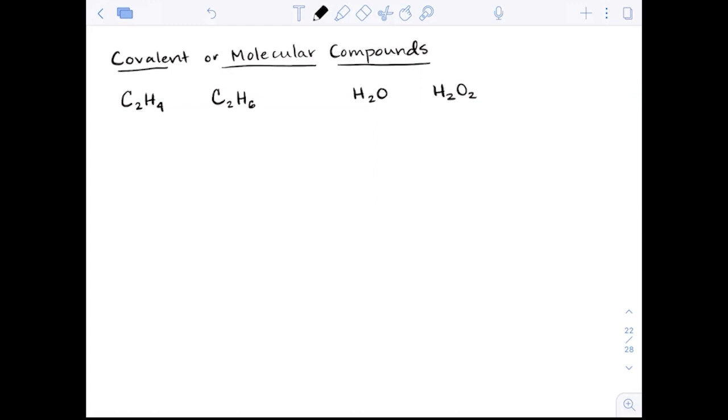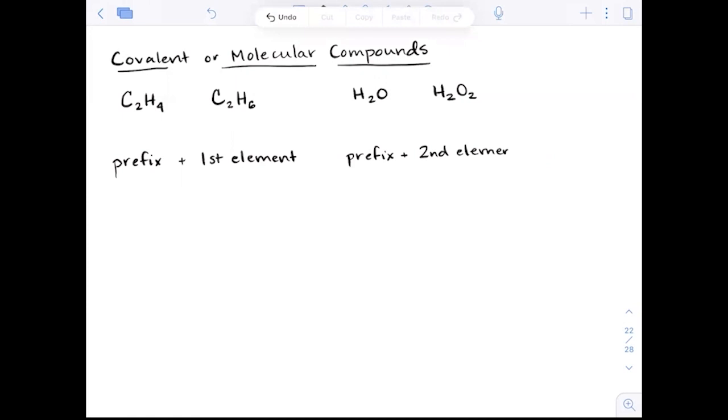So when we look at a couple of different covalent compounds, when naming these covalent compounds, we are very fixed in our formula. We'll start with a prefix for the first element. That prefix will tell us how many of the first element we have, and then we'll have another prefix plus the second element, and that second element gets the IDE ending.